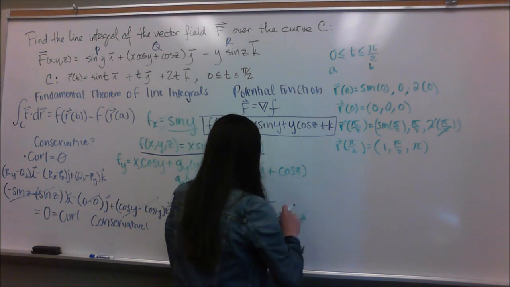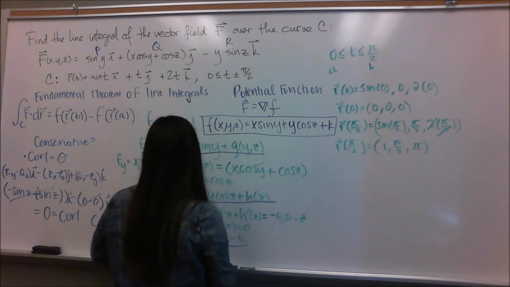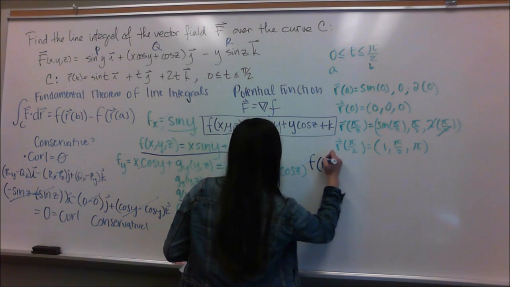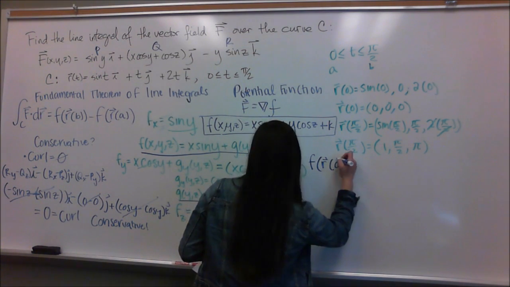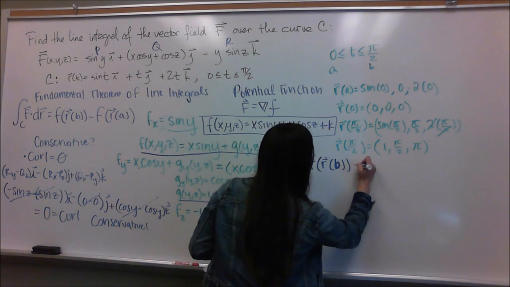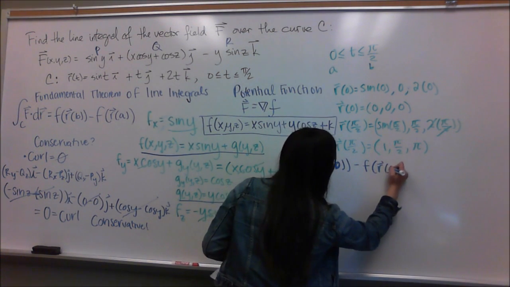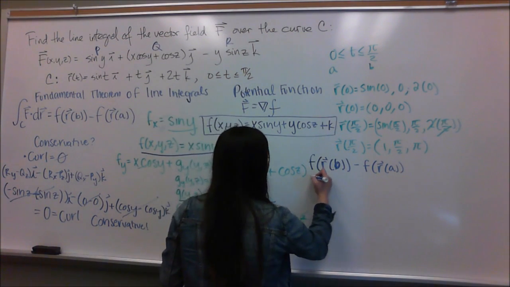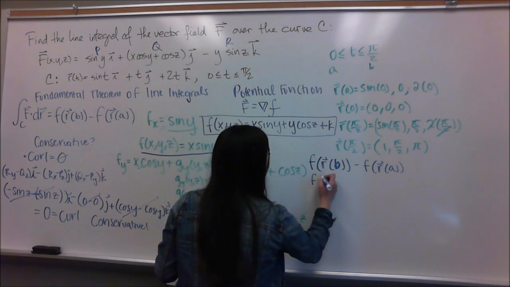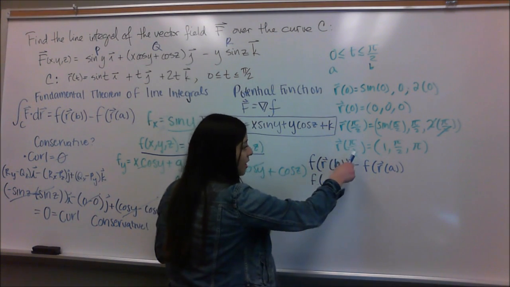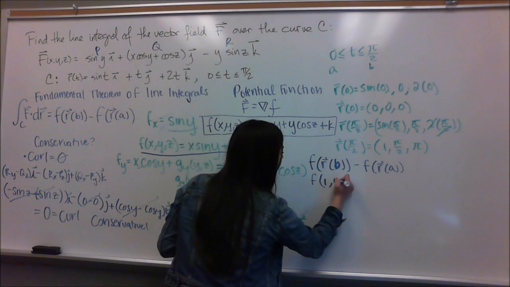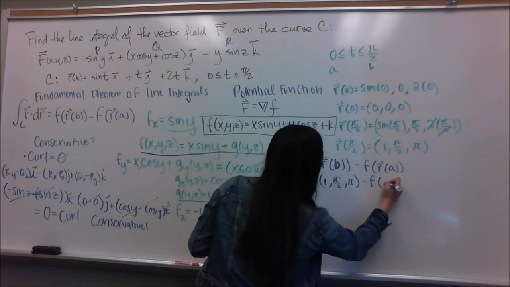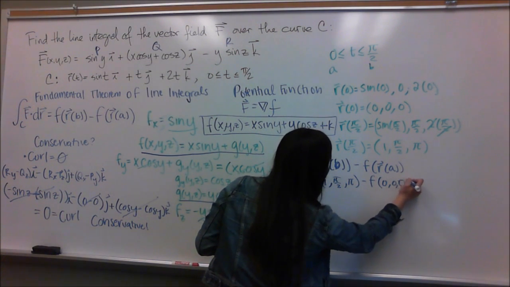So I'll write it again right here, just to remind you all that it's f of r of b minus f of r of a. So we'll plug those in. We can even do this. So this is our b. So f of 1, pi over 2, pi, minus f of 0, 0, 0.